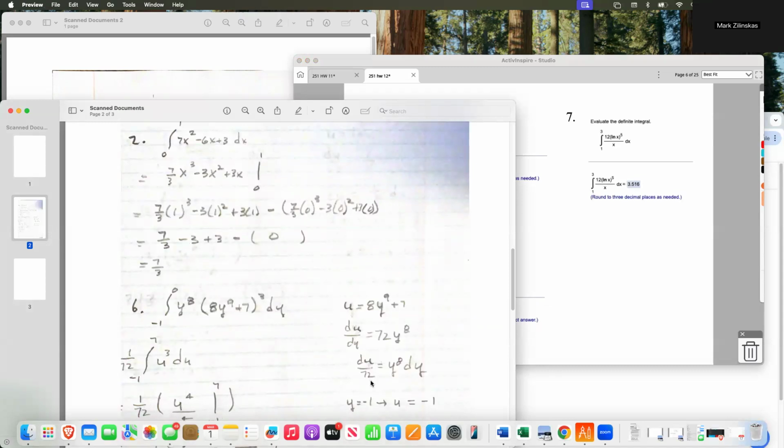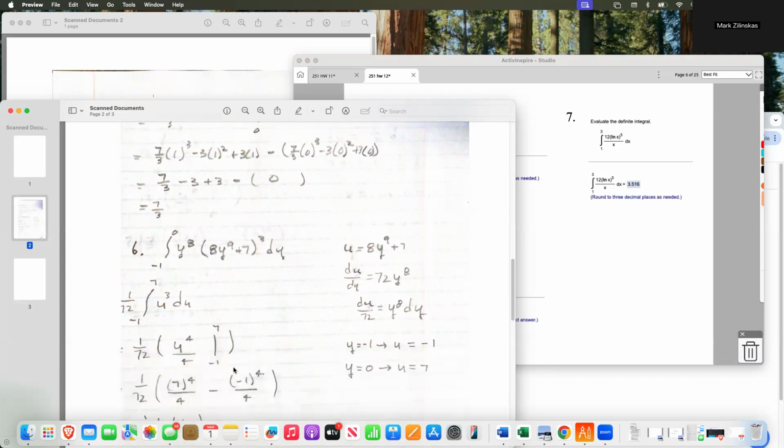So I make my substitution: I'm replacing y to the 8th dy with du over 72. I just wrote 1 over 72 out front, and that accounts for the y. So here's my du over 72, and that's gone. Then I just need to replace my u, so I have u cubed here.